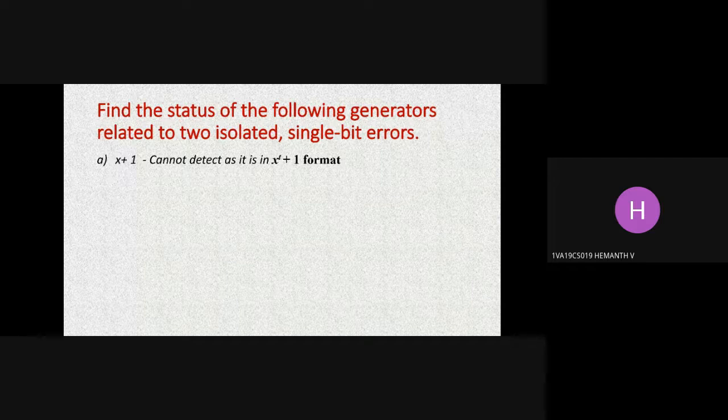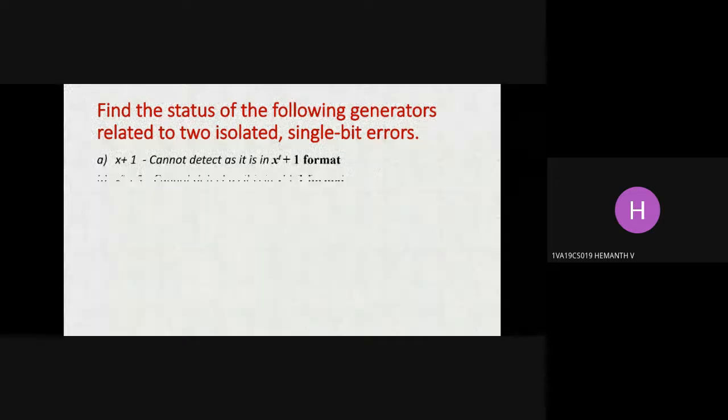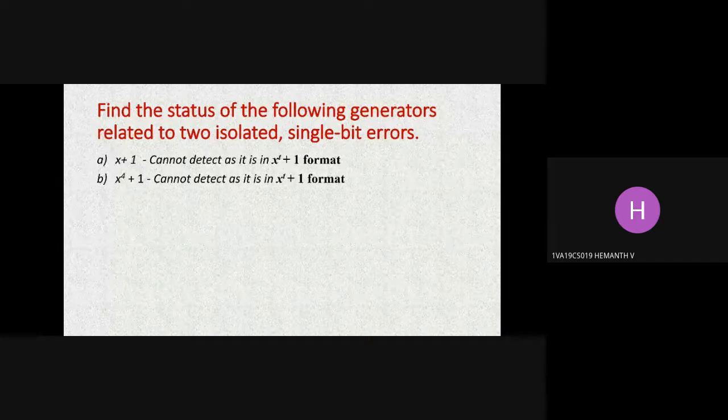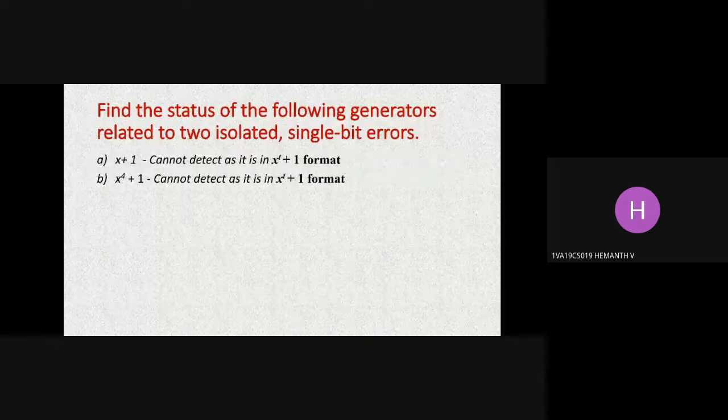It cannot detect two isolated single bit errors. Next, the second one, that is x power of 4 plus 1. The same, this also is in the format x power of t plus 1. So it cannot detect two isolated single bit errors.